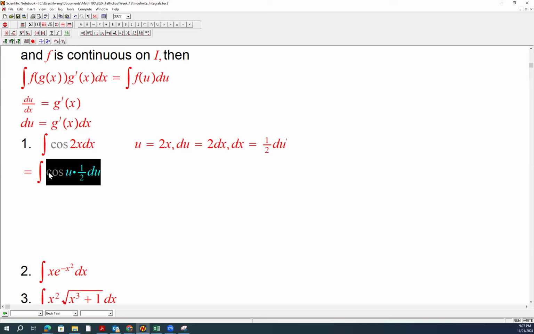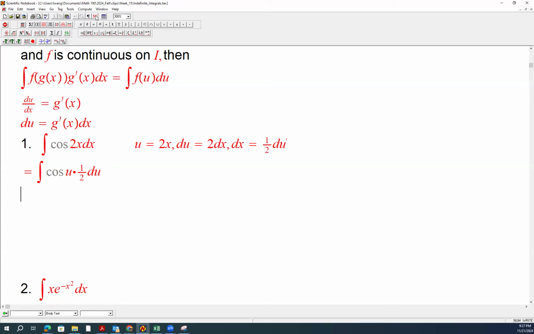So this piece is entirely in terms of u, and the given expression was entirely in x. So by this time, we have completed the substitution part, and then the next part is integration. The result of this integration is usually much easier to integrate.